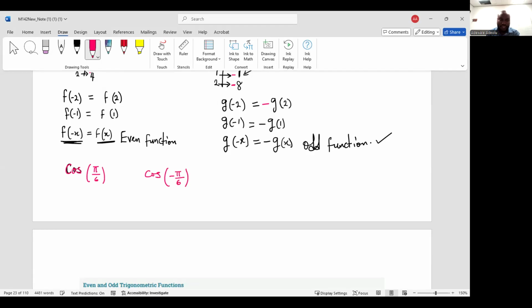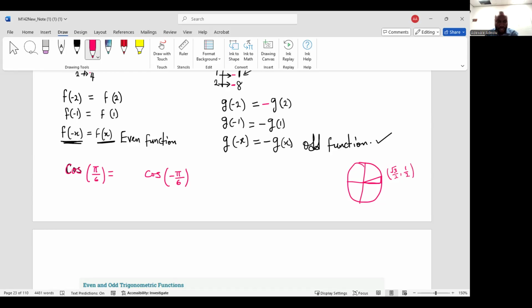Let us see how they are related. Cosine of pi over 6, let us quickly return to the unit circle. You should know this by now. Pi over 6 is here. Like I taught you, because this is the longer side for x, that is root 3 over 2, comma 1 over 2.